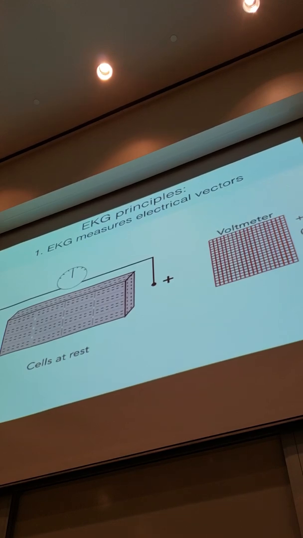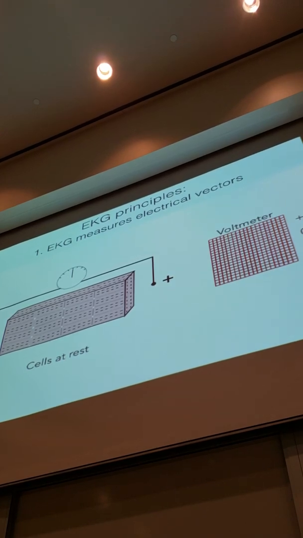All of these cells are at rest, right? And all of these cells being at rest have a negative membrane potential of, let's say, -90. And while there's nothing happening in terms of membrane depolarization, that reads as a 0 on EKG here.